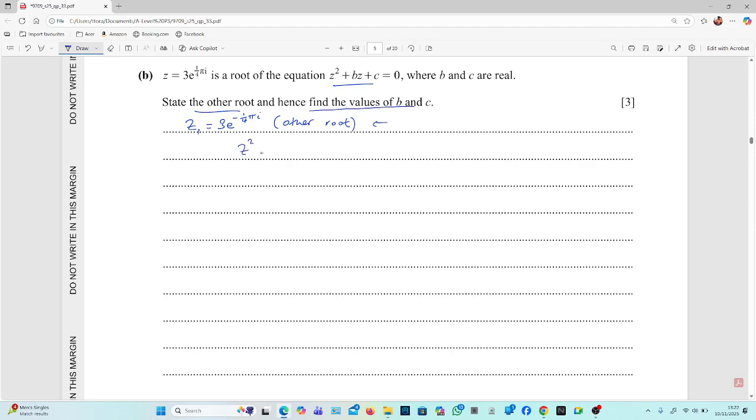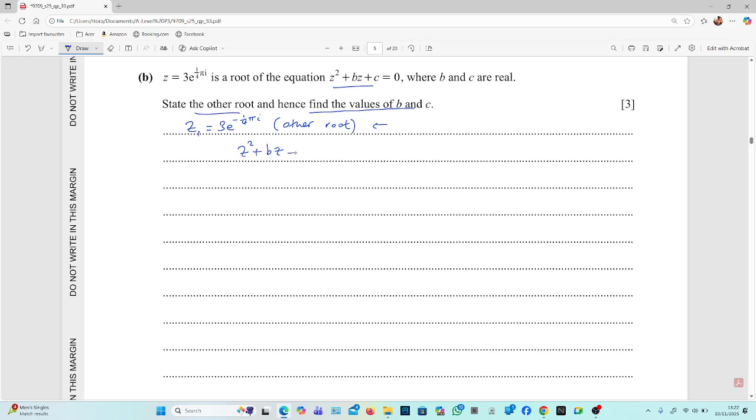We look at this quadratic equation, z squared plus bz plus c is equal to 0. We must remember that c is the product of the roots, and here we have b as the negative of the sum of the roots. So let's deal with the sum first. When we talk about the sum, we should be taking z plus z1, and that should give us negative b.